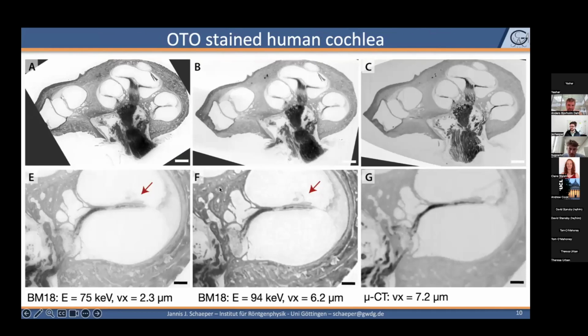For the next sample, this is an excised single cochlea that we stained with osmium tetroxide. And here you really see that it enhances the contrast for the nervous tissue, which is now shown in a darker color, almost black.